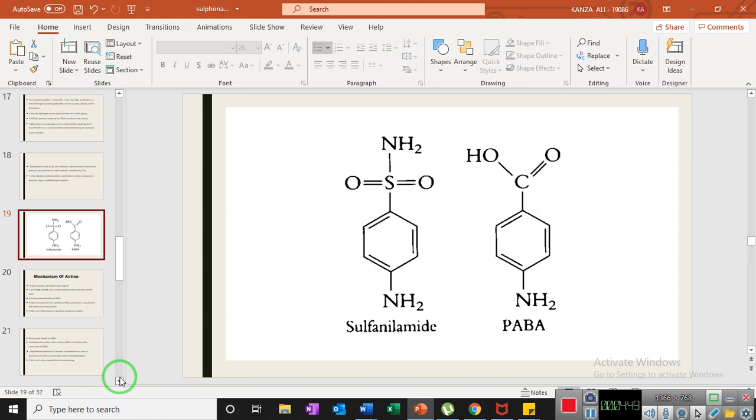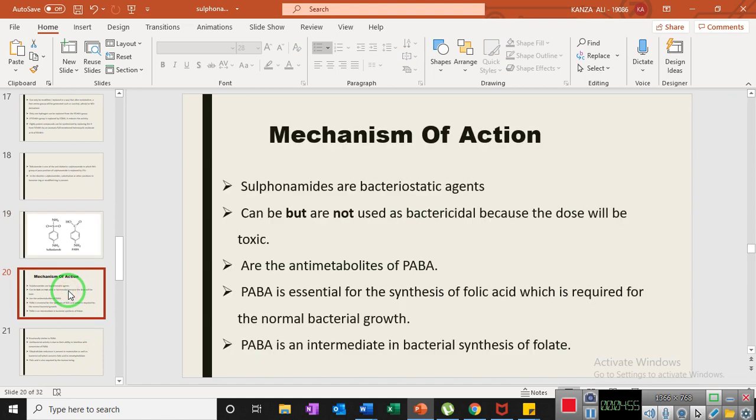Otherwise, the compound may have the other activity, may be termed as sulfonamides, but they are not true sulfonamides.